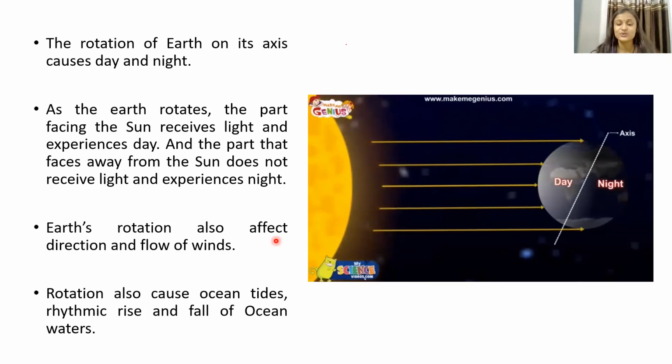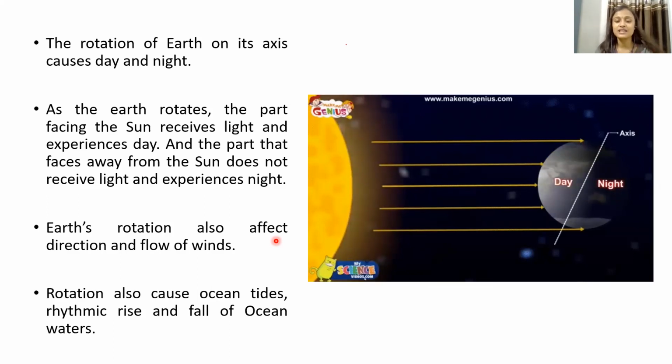Those of you who have been to any sea beach may have seen the waves, right? There are two times in the day when sea waves are very high, and other times in the day when sea waves are not that high. These high waves and low waves are caused by the rotation, which we will try to understand in the next class. I hope up to this part things are clear to you.